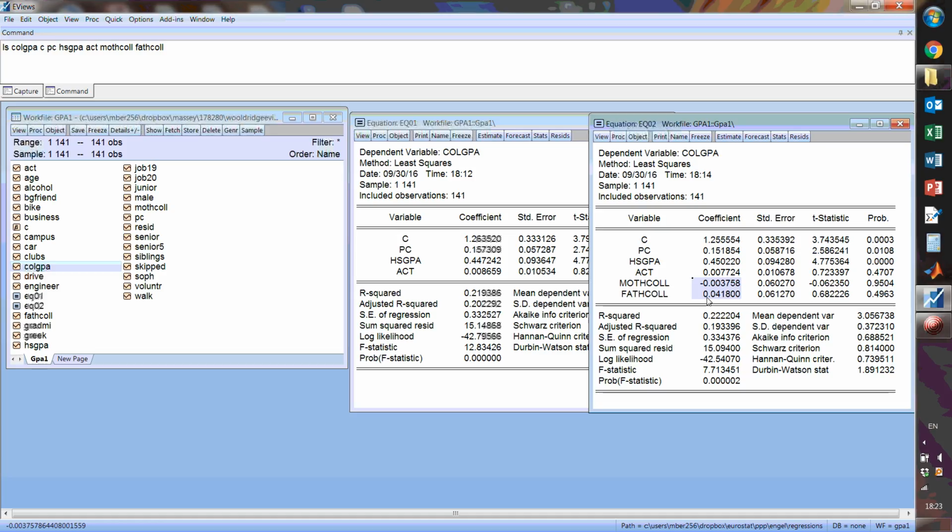Well, it probably does make sense, because we are including variables that already are probably quite strongly correlated with whether or not mother and father went to college, with the presumption that if your mother and father go to college, they homeschool you possibly a little bit more intensely than if they don't, and as a result your high school GPA may already be higher, or your ACT score may be higher, or they may be more likely to buy you a computer to begin with.